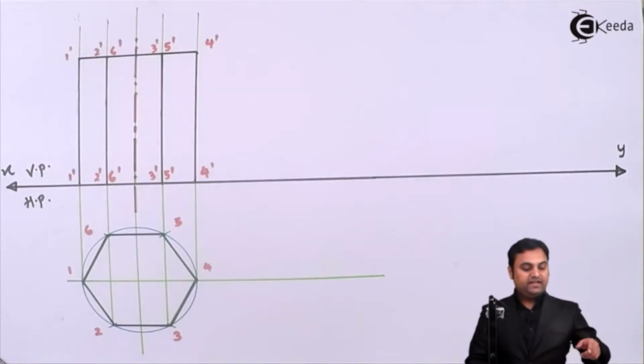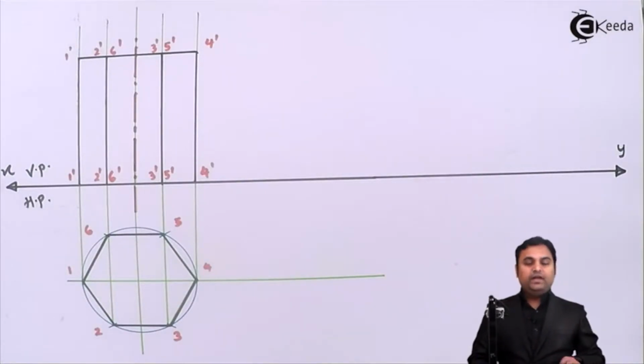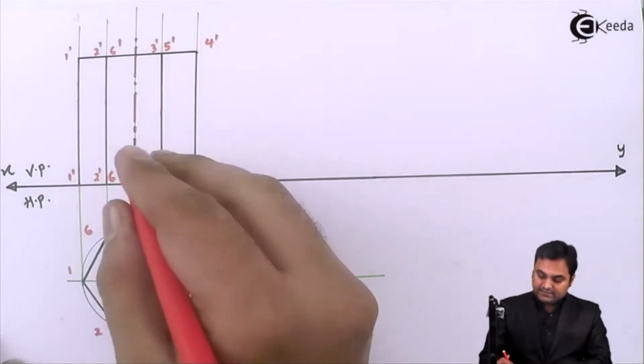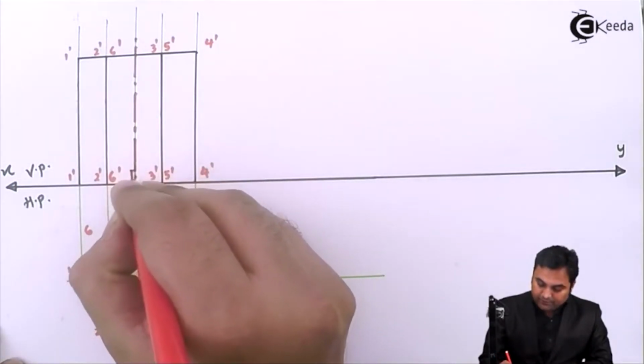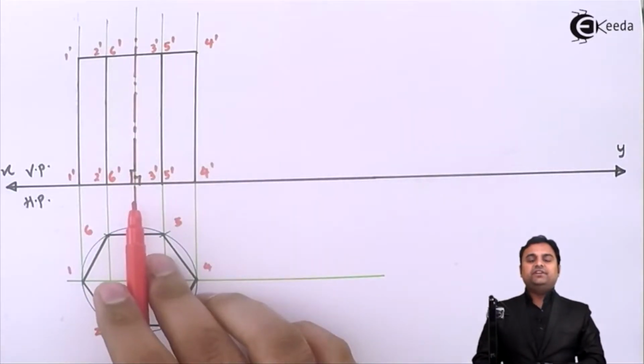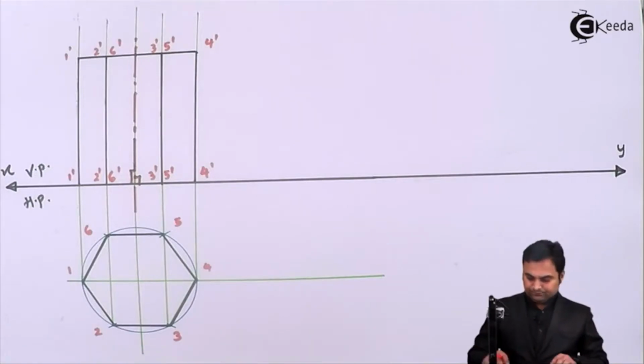Next, it is mentioned that its axis makes an angle of 60 degree to HP, so it will be seen in VP. Now, axis and base are perpendicular to each other. So if axis is inclined at 60 degree, it means base is inclined at 30 degree.